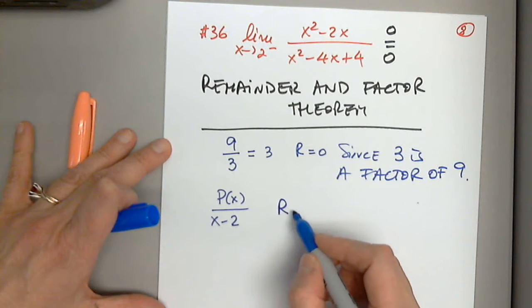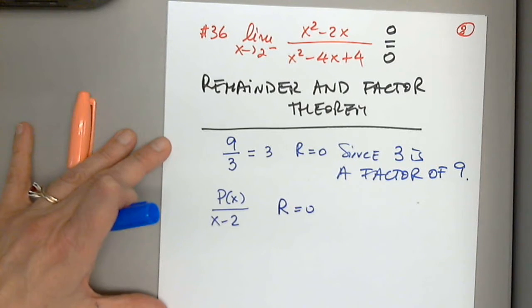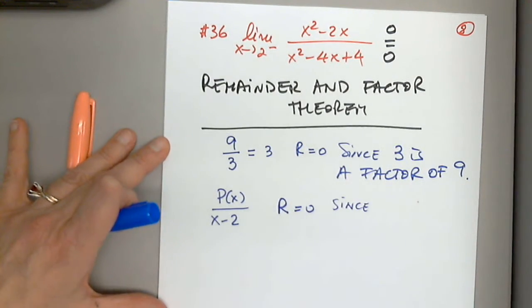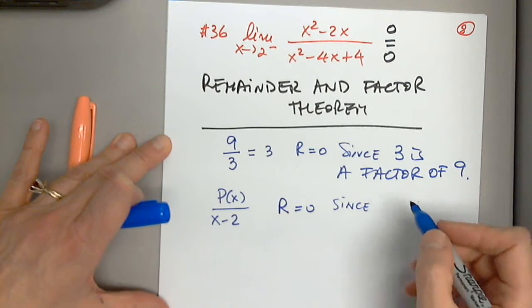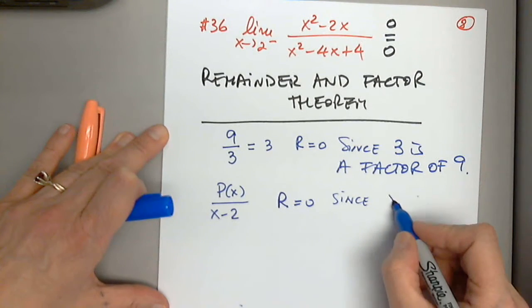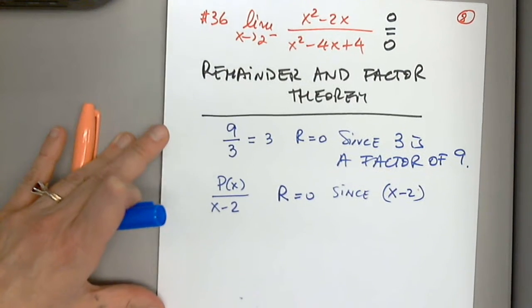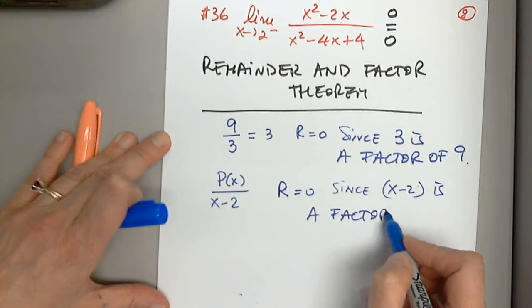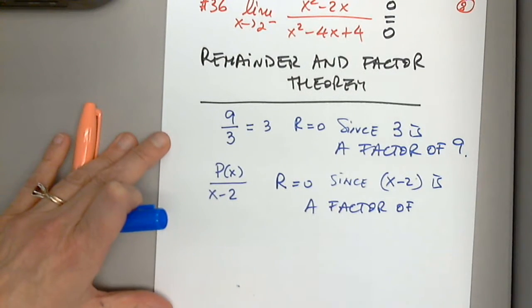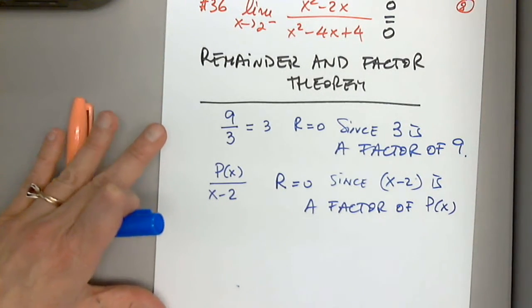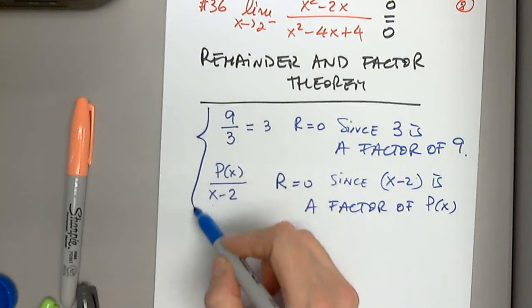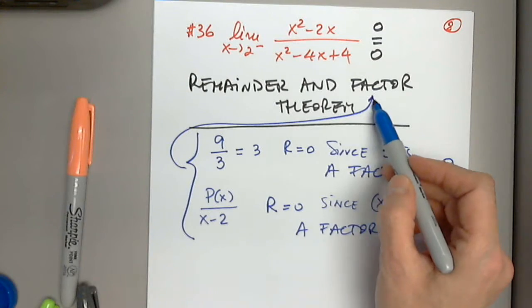Let's say the remainder is 0, since x minus 2, correct, is a factor of p of x. So all this was basically the factor theorem.